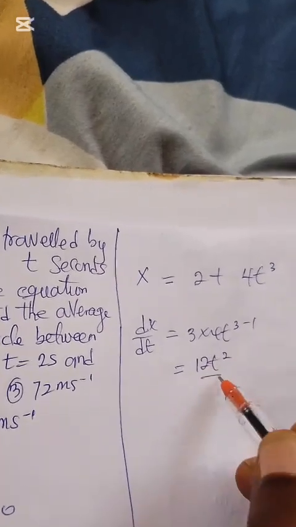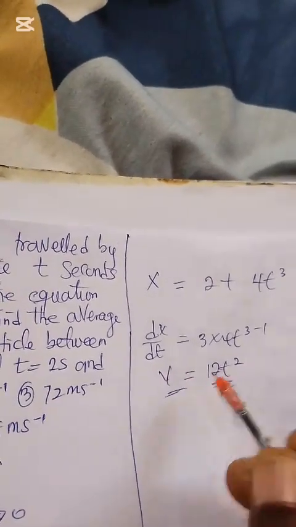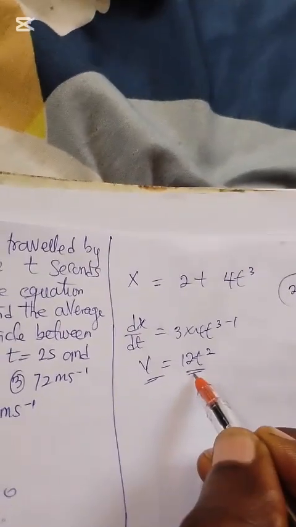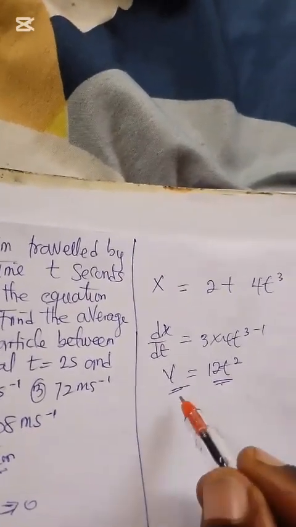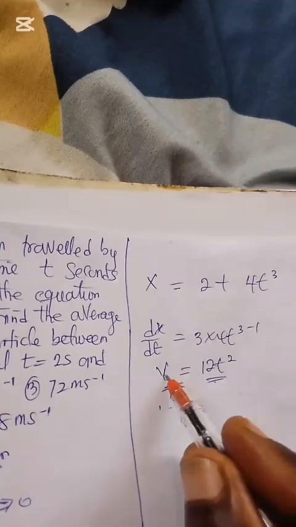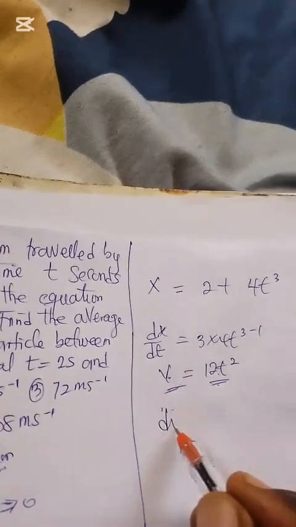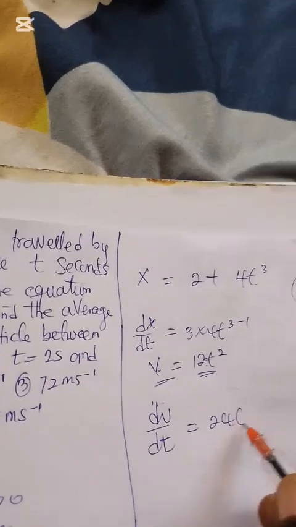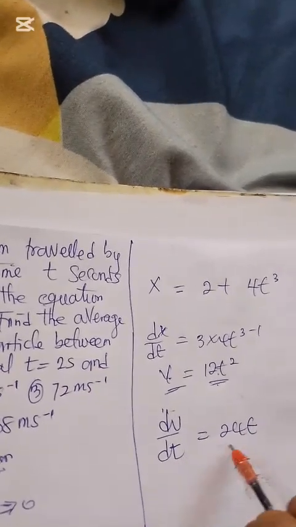So what I have here now is velocity, because if you differentiate distance with time, you will get speed or velocity. Then for me to get acceleration, I have to differentiate this with respect to t. So dv over dt will now be 24t. So this is now acceleration.